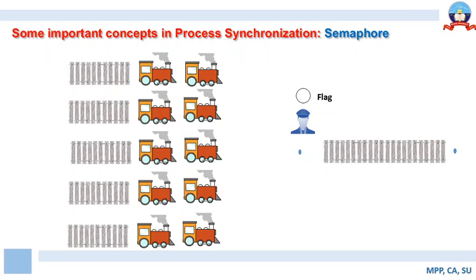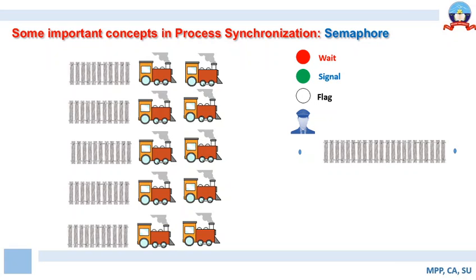Now you must have observed, while traveling by train, that the flag used by the route master has 2 colors, which are red and green. Red signifies you need to wait, there is someone else utilizing the route.